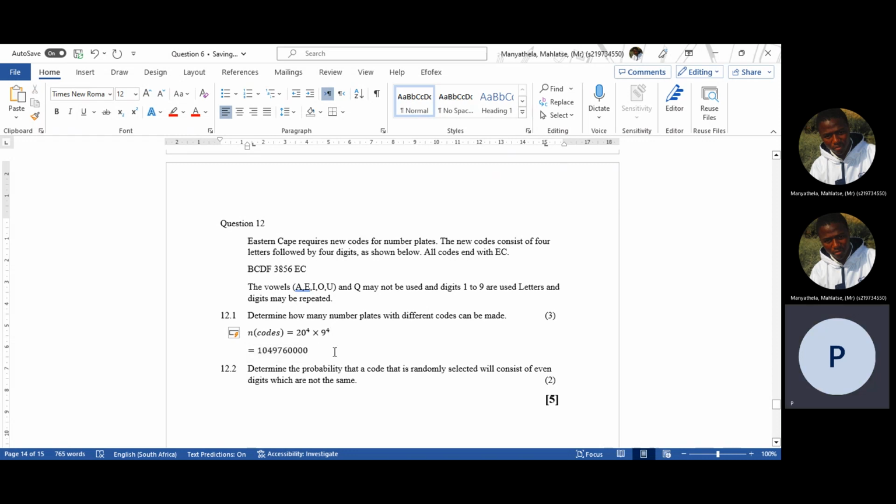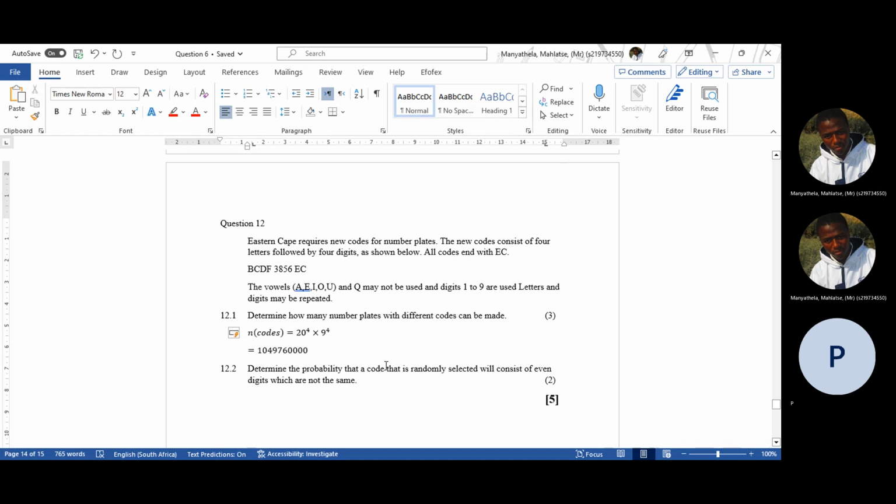This is a math error, this is not a calculator. It says math error. Okay, I use a calculator on the phone, it gives me this answer. 20 to the power 4 times 9 to the power 4. Or you can simply leave your answer this way. It would be better, but I need to get a calculator.